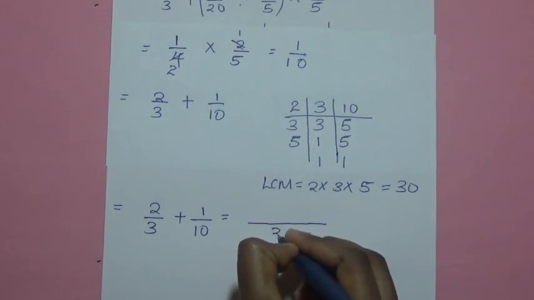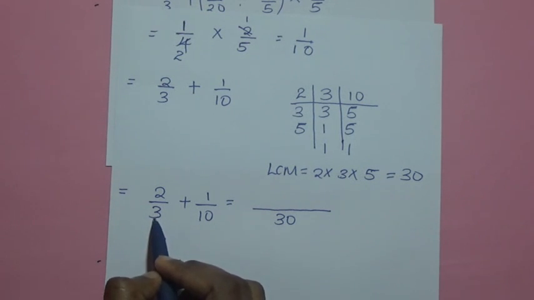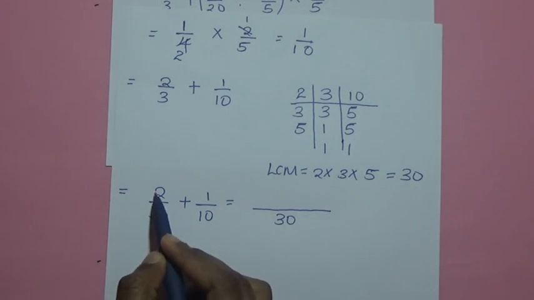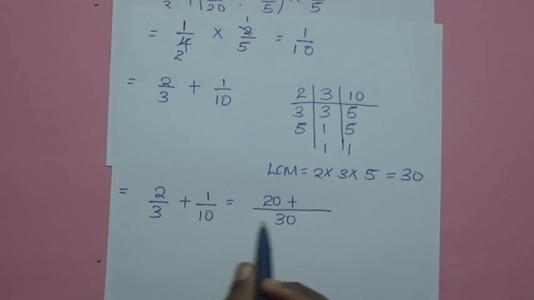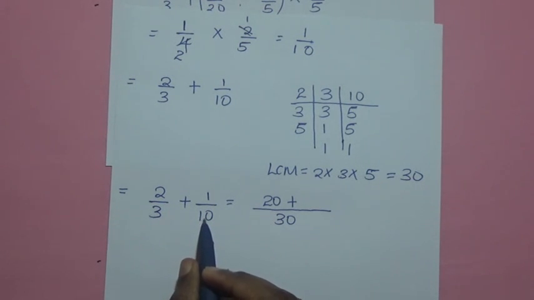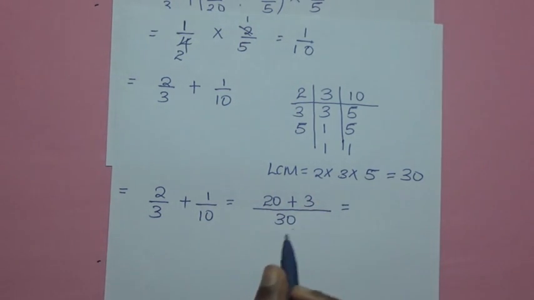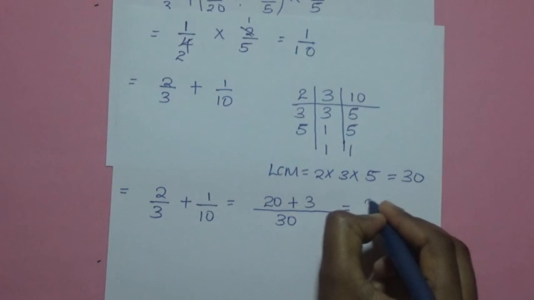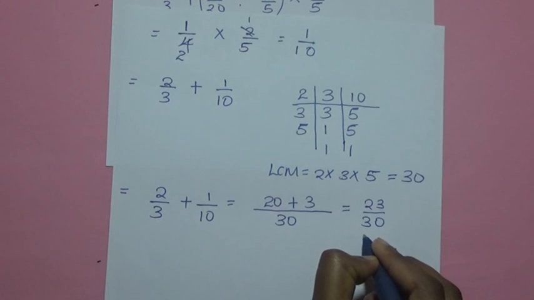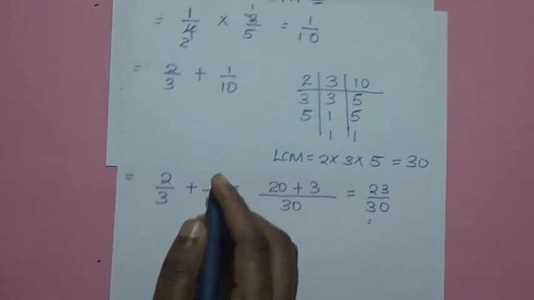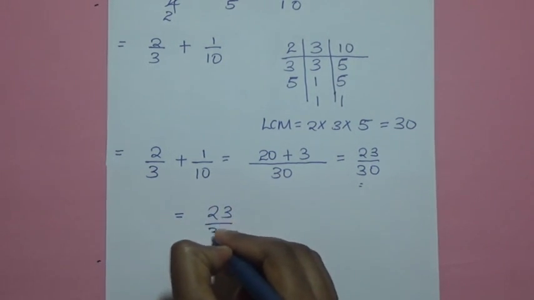Now, 30 divided by 3 gives us 10. 10 multiplied by 2 gives us 20. Plus 30 divided by 10 gives us 3. 3 times 1 gives us 3. So the final answer will be 20 plus 3 gives us 23 over 30. So this is the final answer. So the correct answer for that question is 23 over 30.